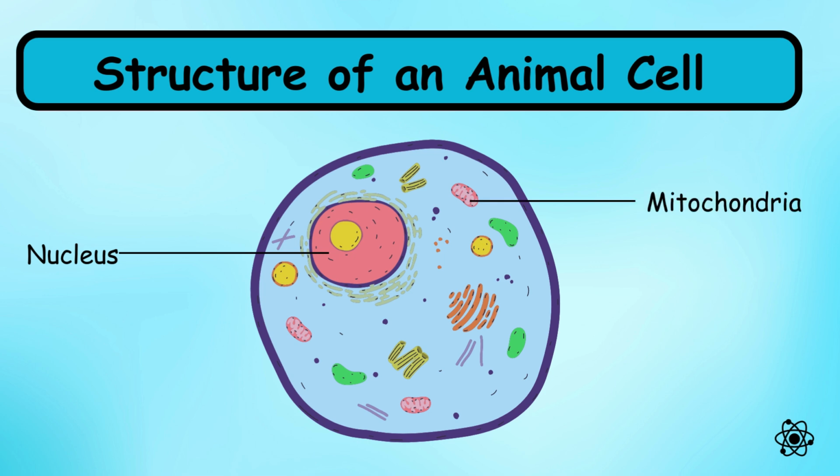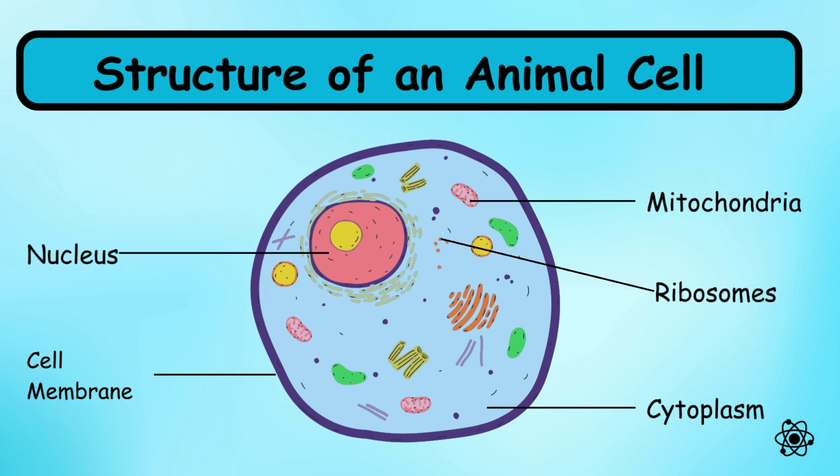Next, the mitochondria is the powerhouse of the cell, and it is where aerobic respiration takes place. The cell membrane also controls what substances can enter or leave the cell, while the cytoplasm is the jelly-like substance in which all the cell organelles are present. Last, ribosomes are where proteins are made.